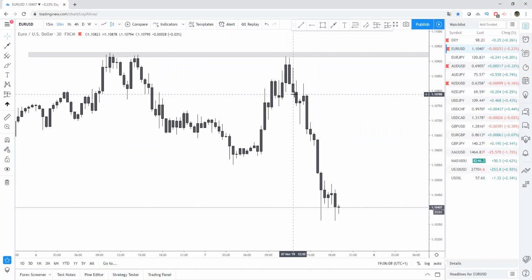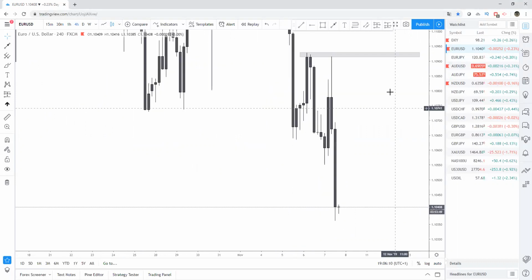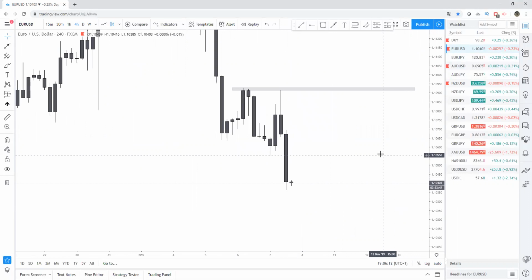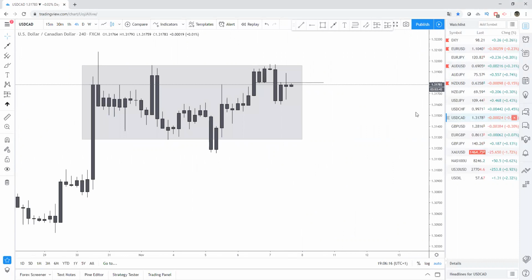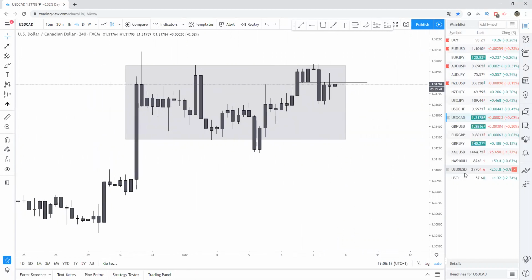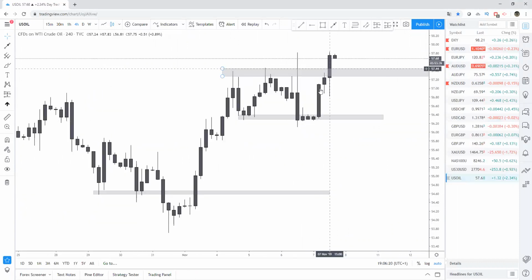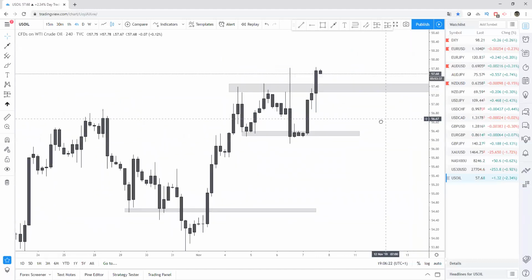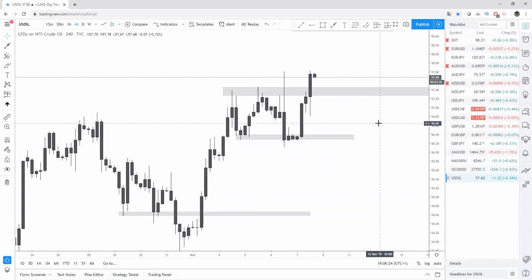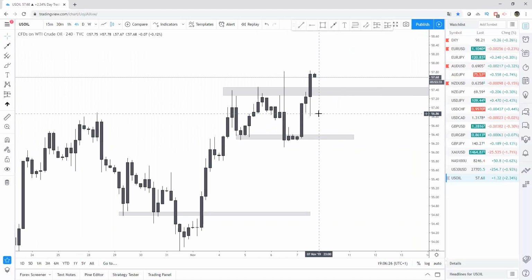But I don't know why you're still waiting for USD CAD to flush down, because the US is full of oil, so the offer is too high for the supply.